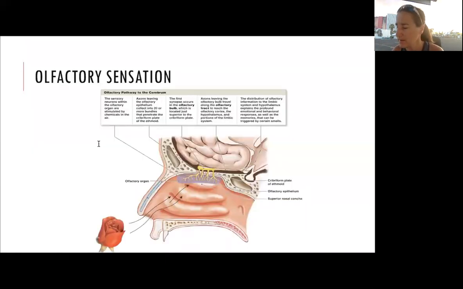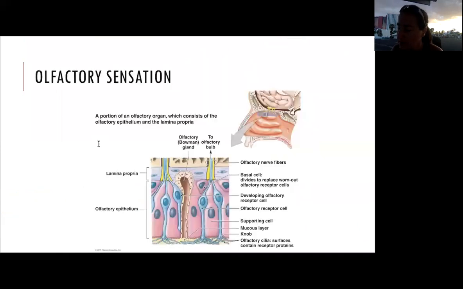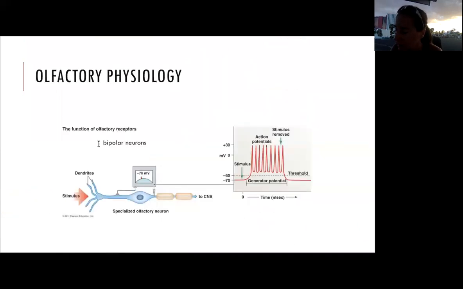olfaction. These little guys are going to come through the cribriform plate, and you are going to have these neurons. They're bipolar neurons, and they dangle down through the cribriform plate. The end of the neurons, where the dendrites are, is going to detect the smells.